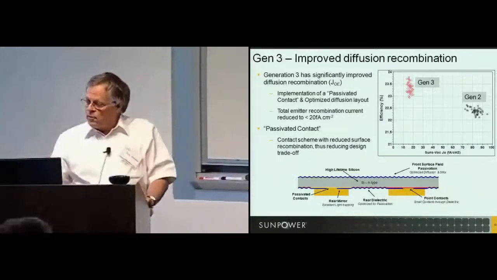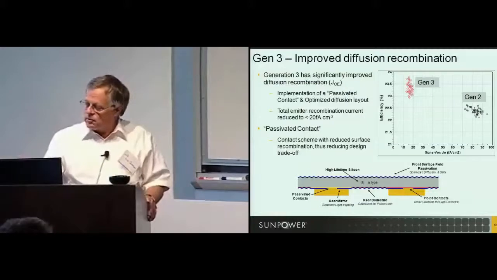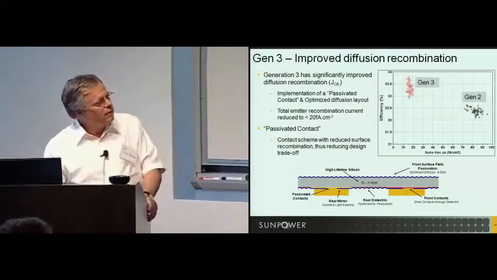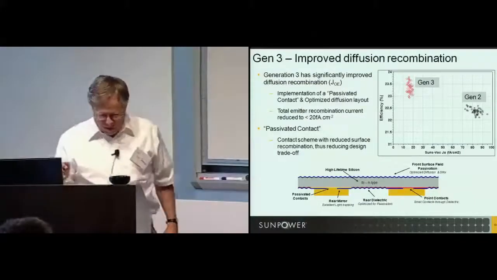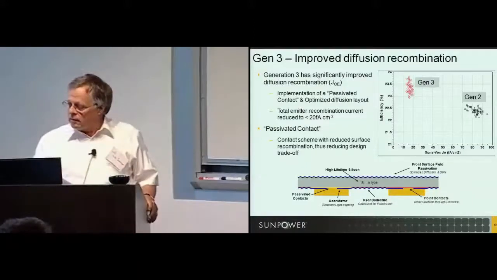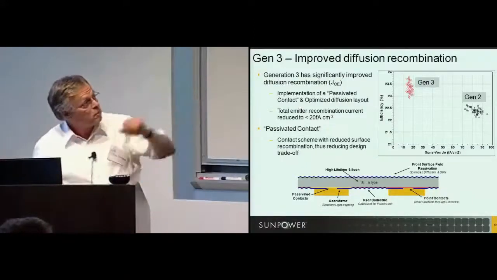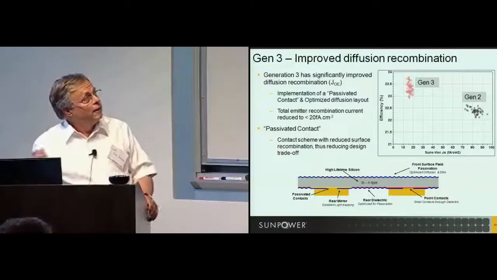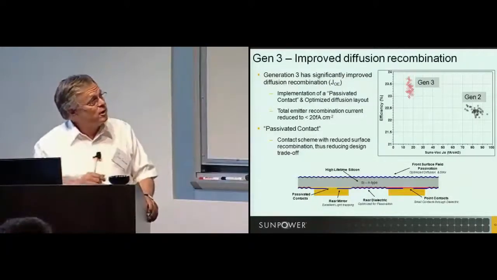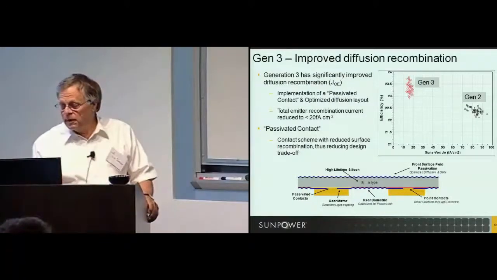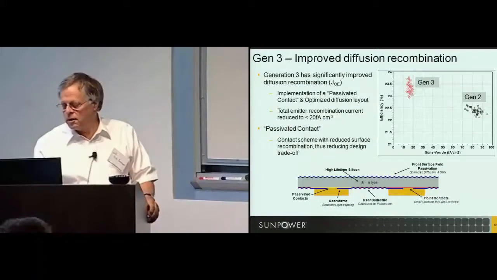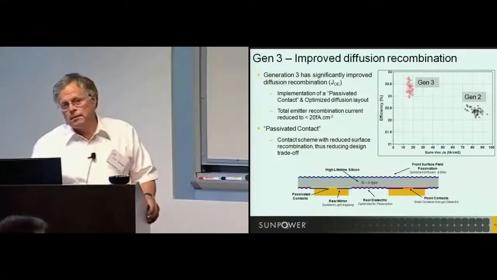The important point that I want to talk about here is what was called the J0, the saturation current. And notice that it went from 80 femtoamps per square centimeter, and this will tie in with the Shockley-Queisser theory, I'll show you in a minute, all the way down to about 15.